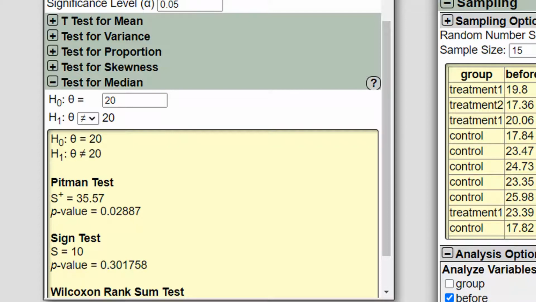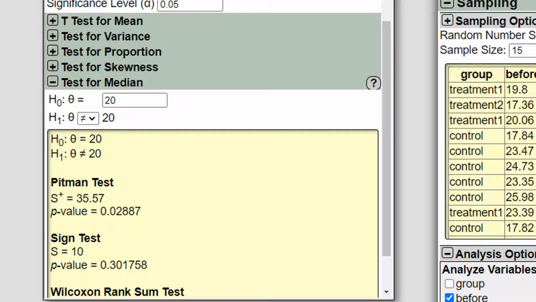There are of course a lot of them: 2 to the power of the sample size, which gets pretty big. We count how many of those permutations result in a sum that is greater than or equal to what we actually observed. That's the p-value. The p-value we got here is 0.02877. So what we observed would be pretty unlikely if the median is actually 20.